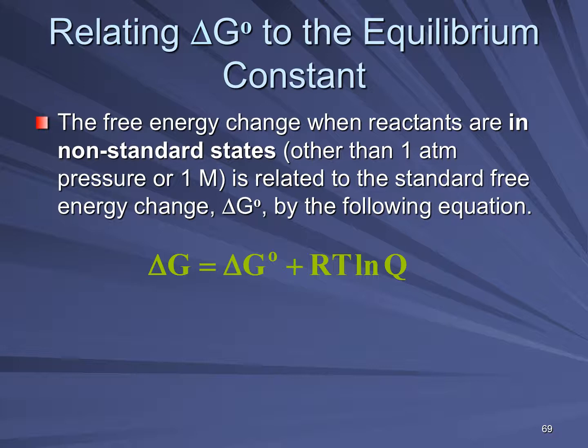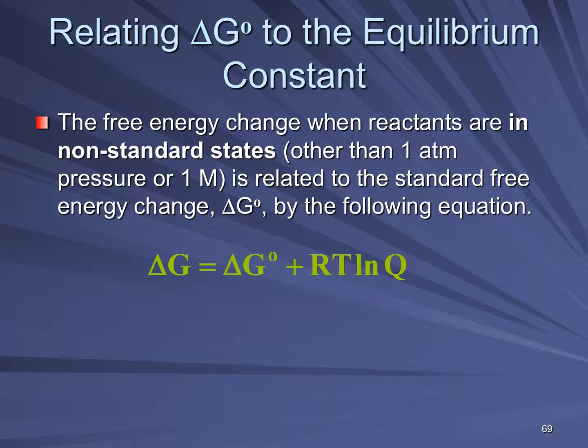Delta G standard state, with the little circle, we can show that delta G in non-standard states is related to the standard free energy change plus R, the gas law constant, times T, the absolute temperature, times the natural log of Q. Remember, Q was the same as the K equilibrium expression, only we didn't know for sure if it was at equilibrium or not.